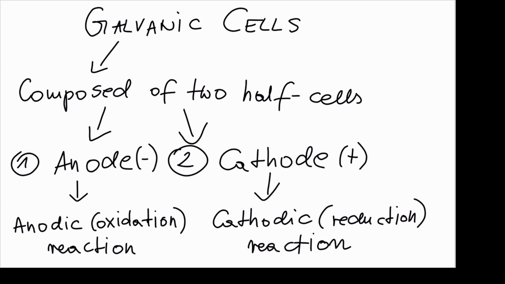Every single galvanic cell is composed of two half cells, anode and cathode. The sign of the anodic terminal is minus, while the sign of the cathodic one is plus. As I said, in the structure of a galvanic cell, there are oxidation and reduction reactions.